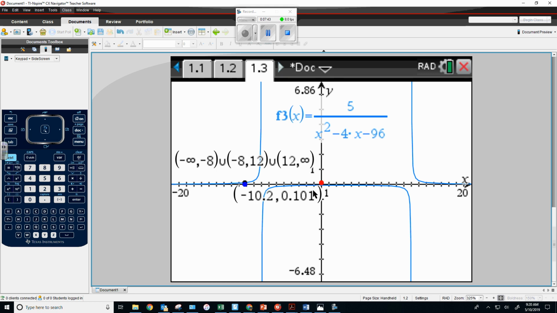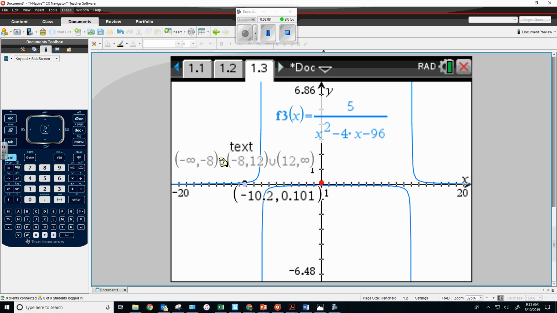And with the red point, as I trace, it's kind of hard for me to get it stuck there. But you see, I was able to trace every point of the graph, but I couldn't quite get 0. I get close to it, but I can't get it.